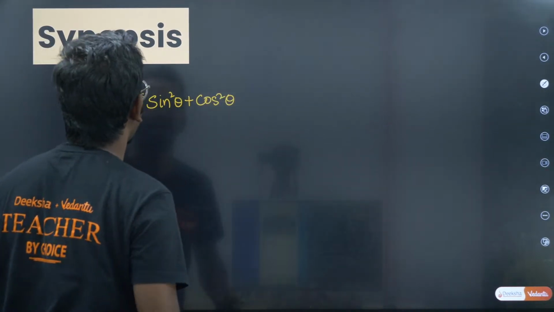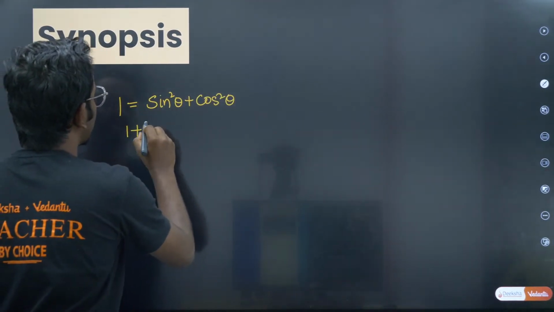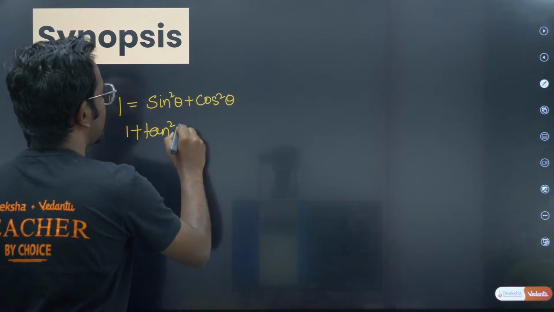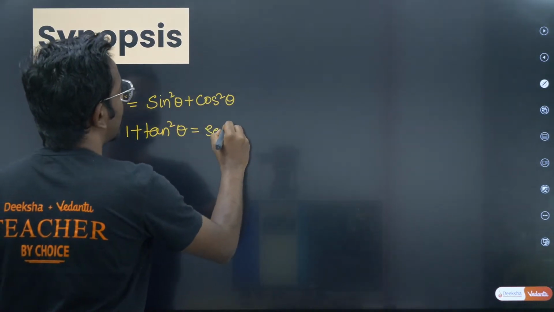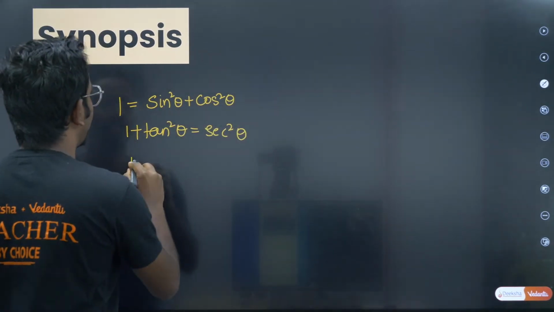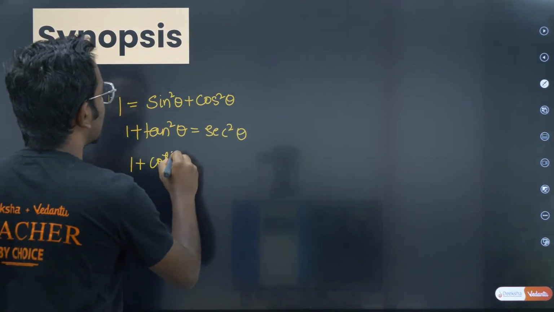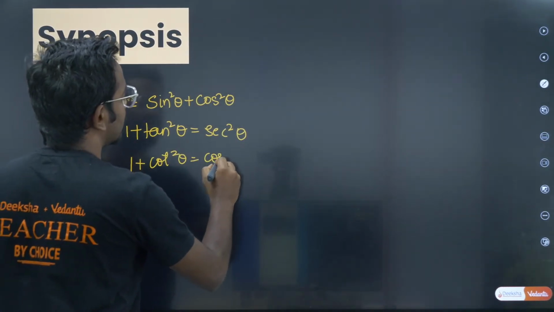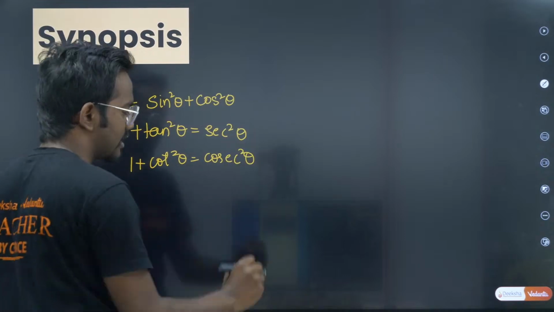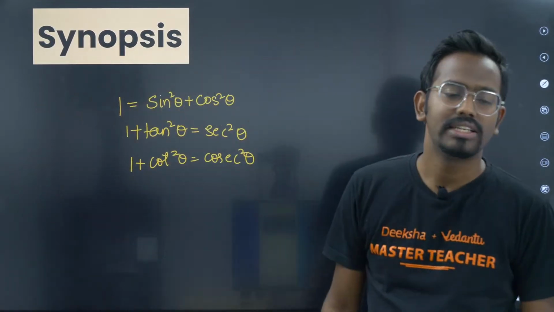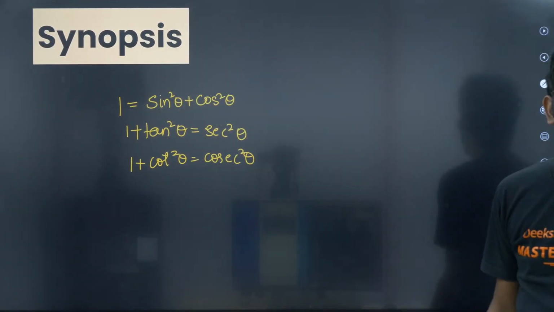Similarly, the second would be 1 plus tan square theta is equal to sec square theta, and the last would be 1 plus cot square theta is equal to cosec square theta. This was already explained in the last class. I am writing these here because they will be helpful for your problem solving.